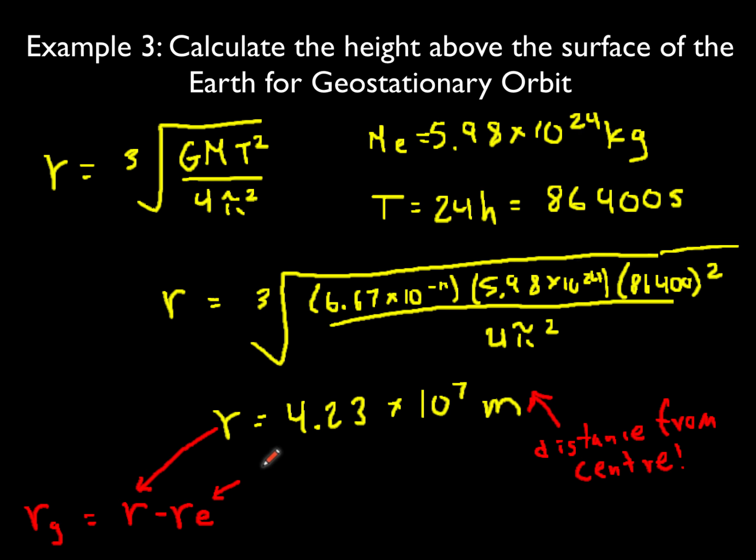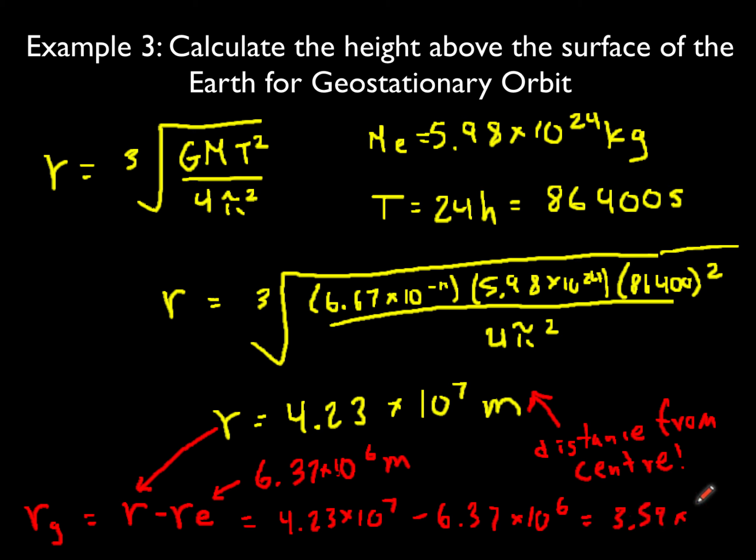The radius of the Earth is 6.37 times 10 to the 6 meters. So 4.23 times 10 to the 7 minus the radius of the Earth gives us 3.59 times 10 to the 7 meters from the surface of the Earth, which is the value that's generally accepted to be the distance that will give us geostationary orbit.